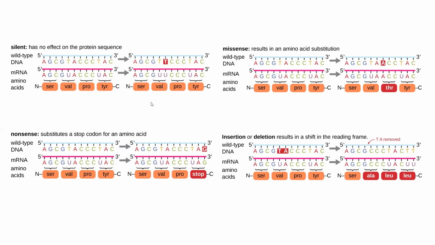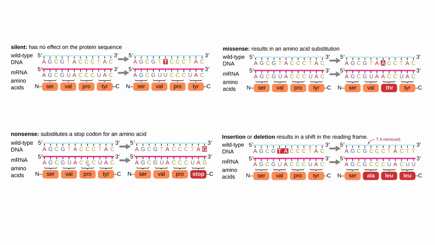We had the valine, and now after the mutation we have a valine as well. We have missense mutations, which result in an amino acid substitution. Like in this example, we had the proline and we have a threonine.